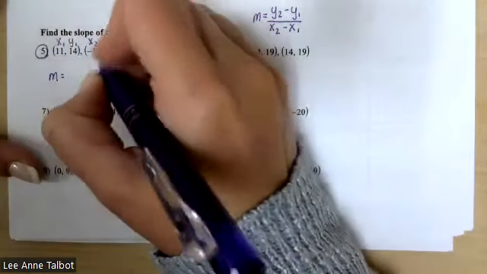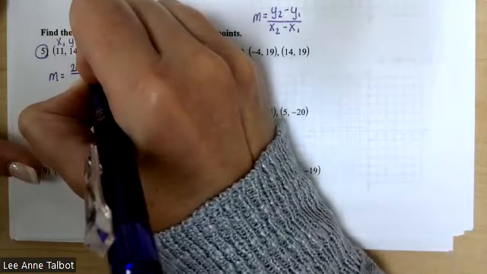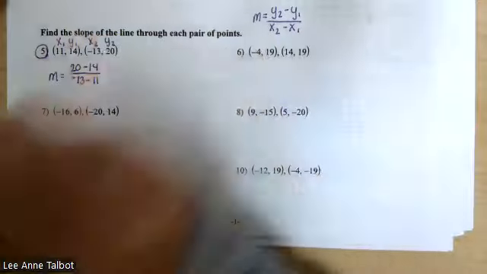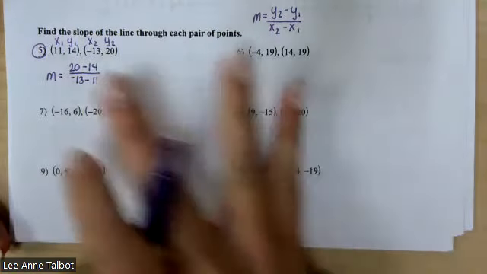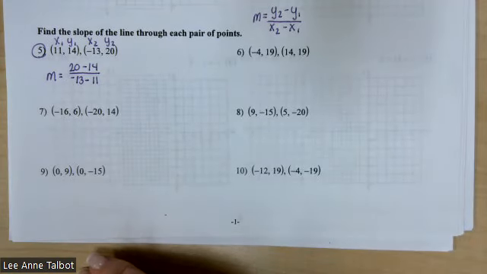M equals Y2 minus Y1 over X2 minus X1. These 6 problems, the most important thing is to put the Y's on top and be careful with your negatives, super careful.